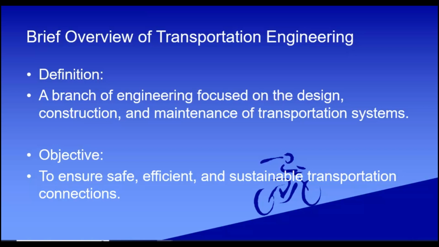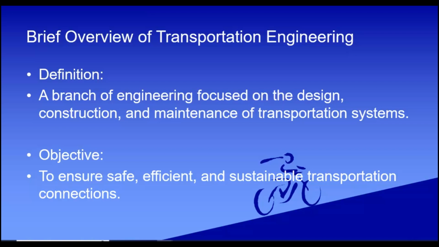Now, the primary areas that transportation engineering focuses on are transportation planning, which includes traffic forecasting, land use planning, and public transportation planning. We also have traffic engineering. We have highway and road design. We have transportation system management, which we call the TSM.